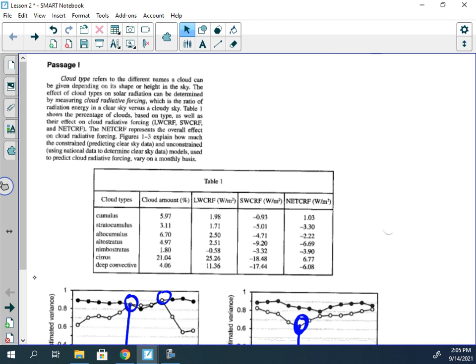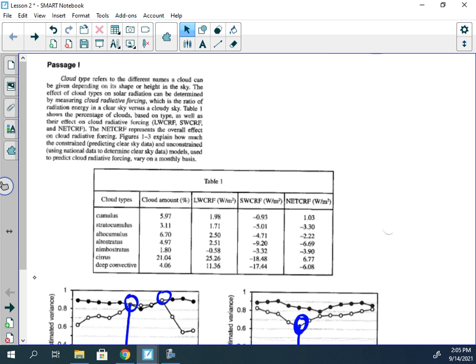The effect of cloud types on solar radiation can be determined by measuring the cloud radiative forcing, which is the ratio of the radiation energy in a clear sky versus a cloudy sky. Table 1 shows the percentage of clouds based on type as well as their effectiveness of cloud radiative forces.